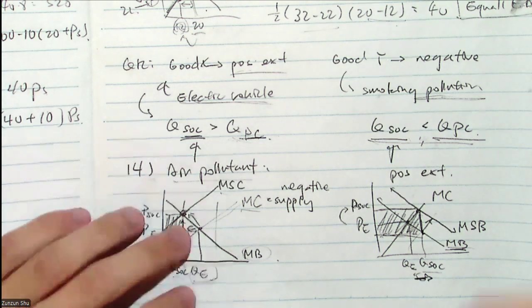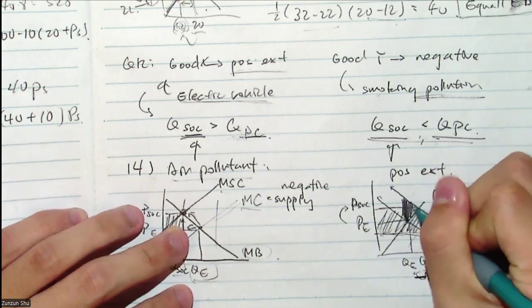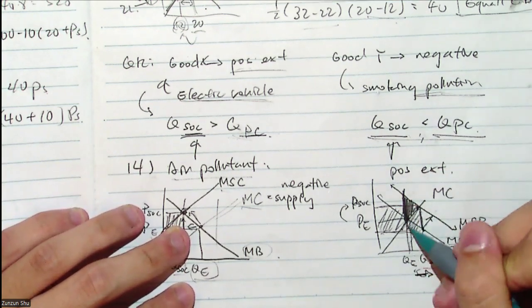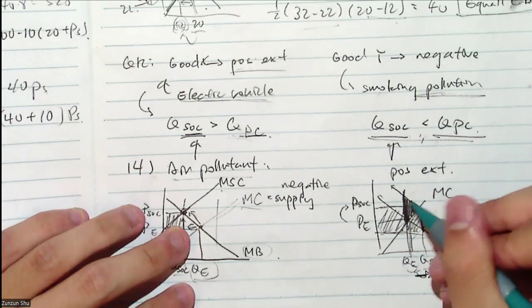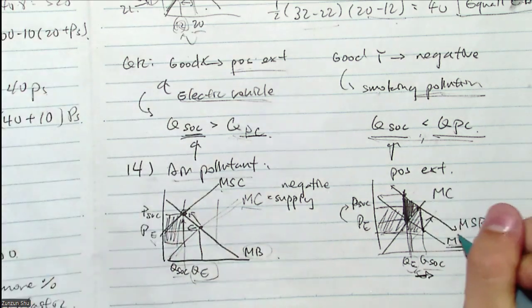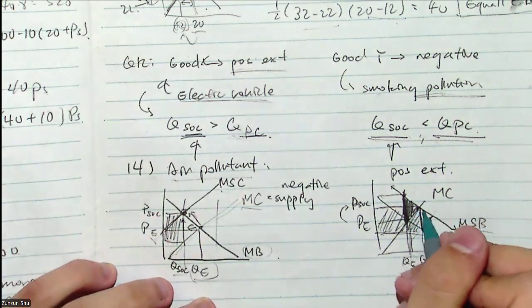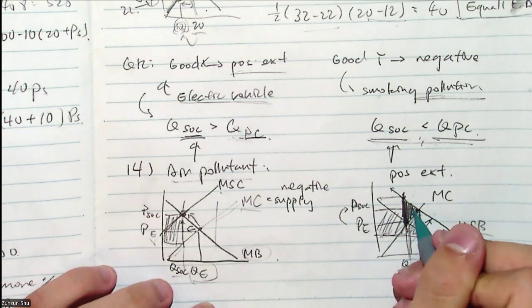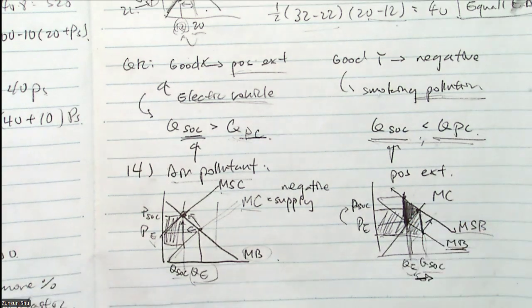It doesn't make sense, but this part, right? This triangle between our QE, between our equilibrium quantity and this given price. We don't really even know. It's just the price on the MSP and our optimal quantity. It doesn't make a lot of sense, right? But here it is. And what about for negative externalities?